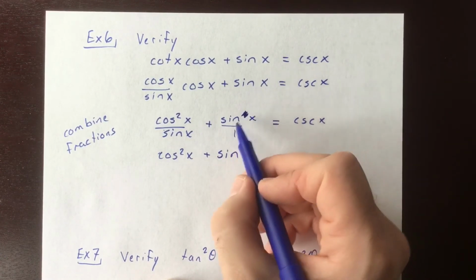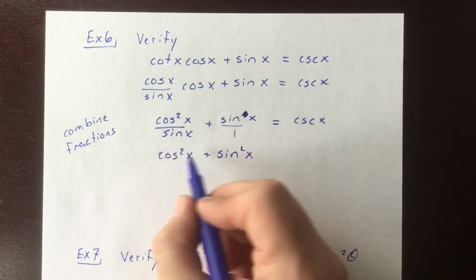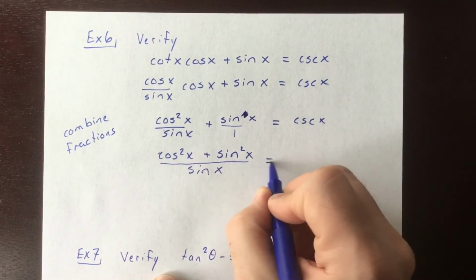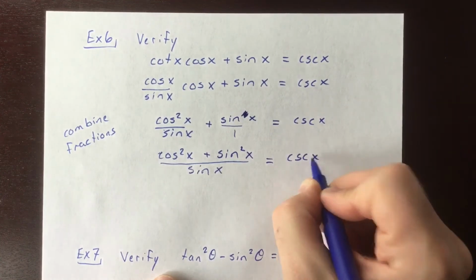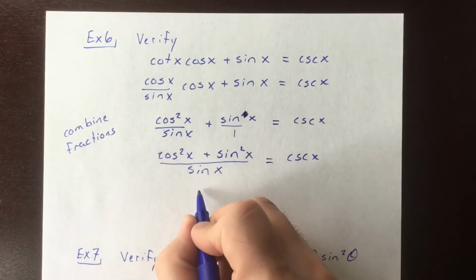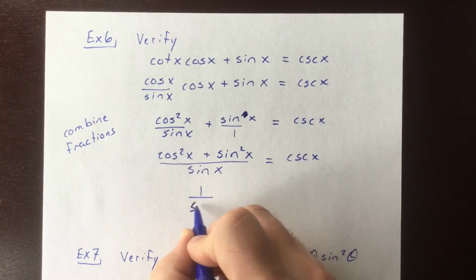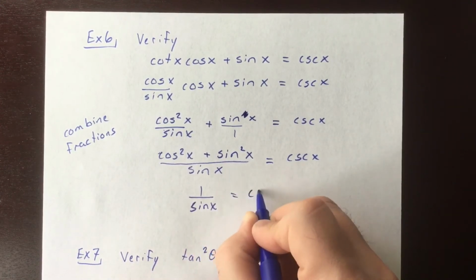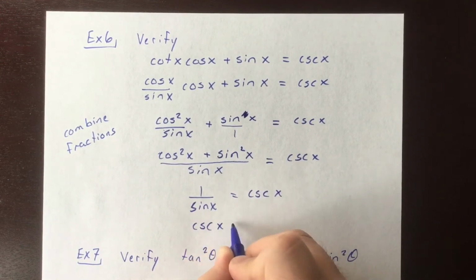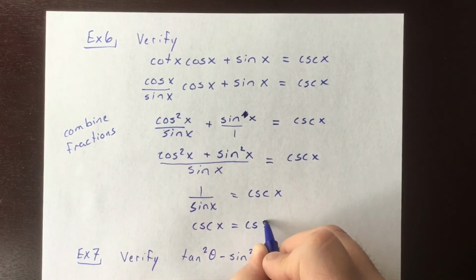Sorry guys, I was getting ahead of myself. Over sine of x. Okay, and now cosine squared of x plus sine squared of x, that is 1. Which leads us to cosine of x equals cosine of x.